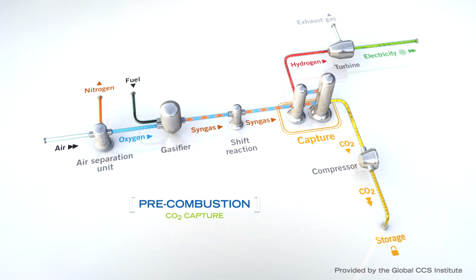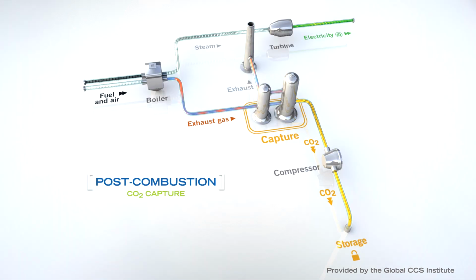That being said, there are, broadly speaking, two different types of CCS technologies: pre-combustion CCS technology and post-combustion CCS technologies. Very simply, with post-combustion technologies, the CO2 is captured after combustion through a chemical process that separates CO2 from the other gases.